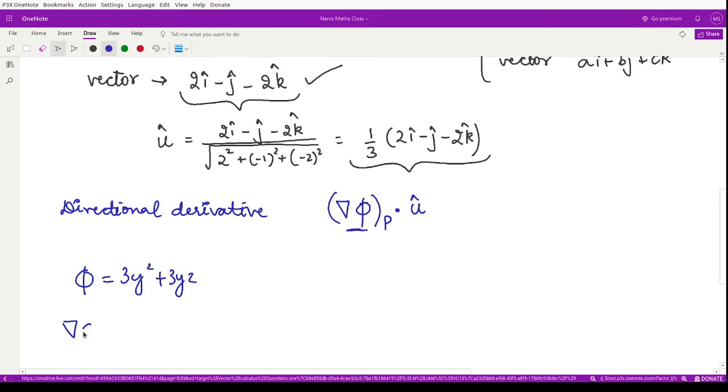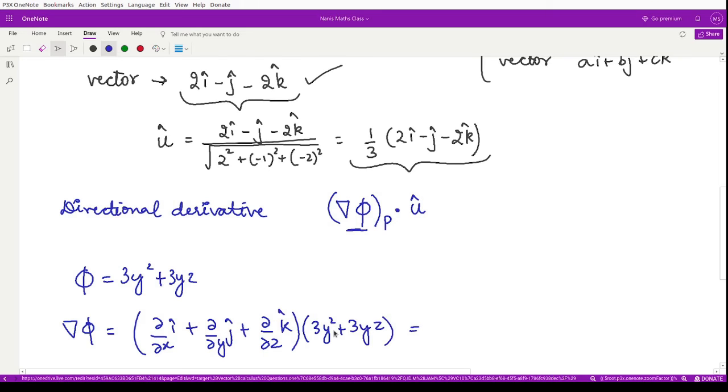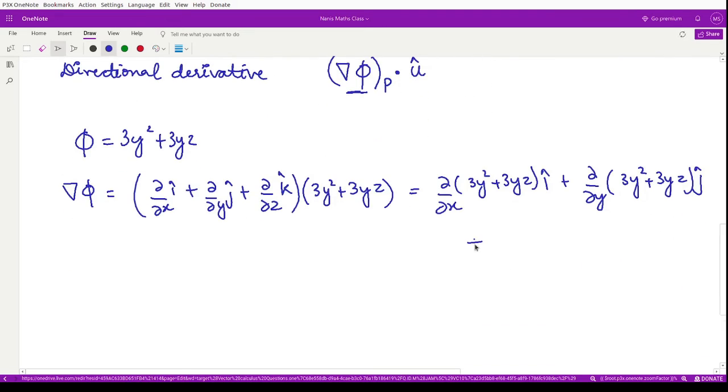You know what the del operator is: del by del x i cap plus del by del y j cap plus del by del z k cap. So it would be del by del x of 3y square plus 3yz i cap, plus del by del y of the same quantity, and then del by del z of the same quantity.